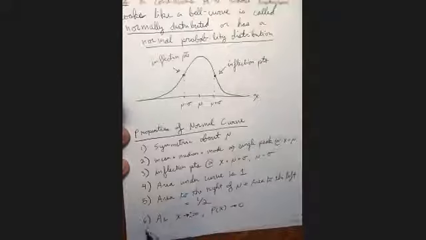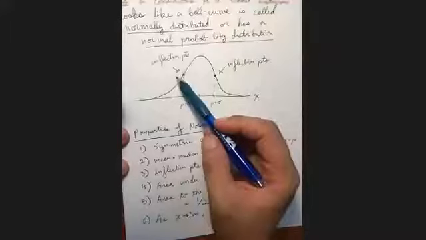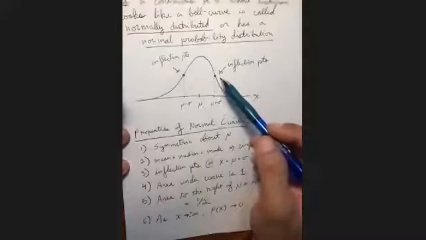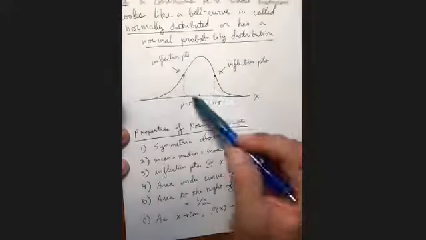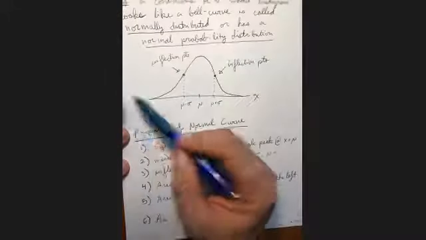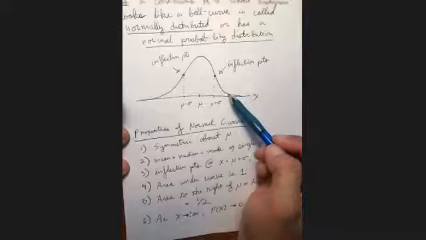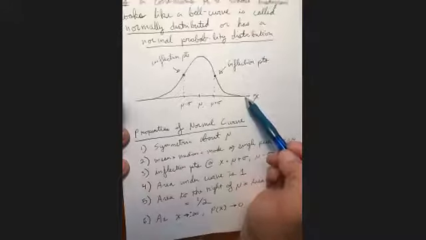And then the final property is that if we look at the curve as the variable x approaches infinity to the right and negative infinity to the left, the curve gets closer and closer to 0, or closer and closer to the horizontal axis.